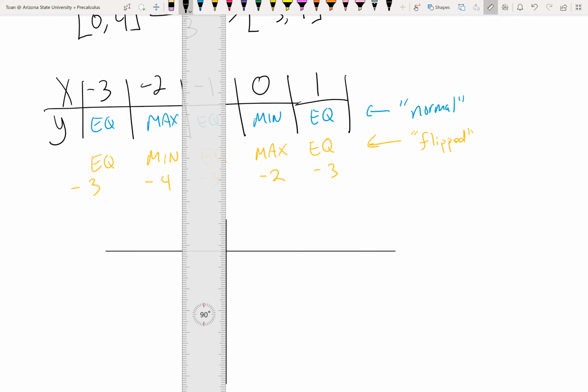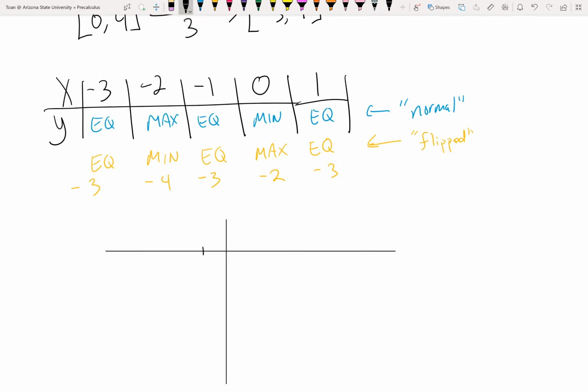Something like that. Then just go ahead and make your tick marks. I can actually just draw regular tick marks because they're all just regular integers. So we have negative 3, negative 2, negative 1, 0, 1. And my y values, we have negative 2, negative 3, negative 4. Principal axis at negative 3.